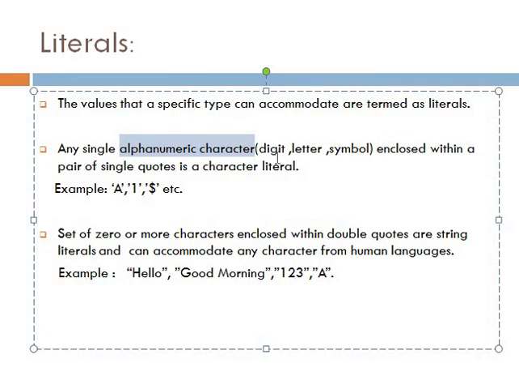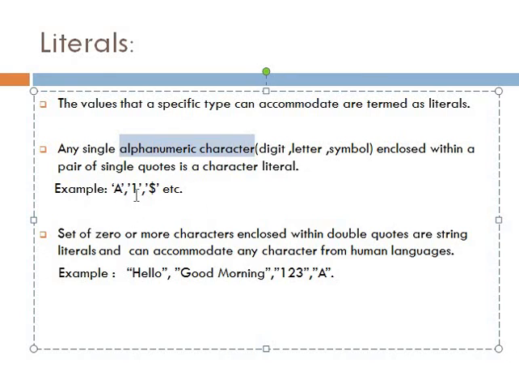Digits can be 0 to 9, letters can be A to Z, and symbols can be dollar, hash, question mark, semicolon, colon, etc. And each alphanumeric character has to be enclosed within a pair of single quotes, and then this becomes a character literal. Example, when you enclose the letter A within single quote like this, it becomes an alphanumeric character, where this example represents a letter.